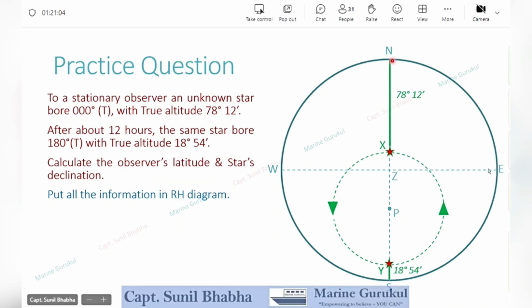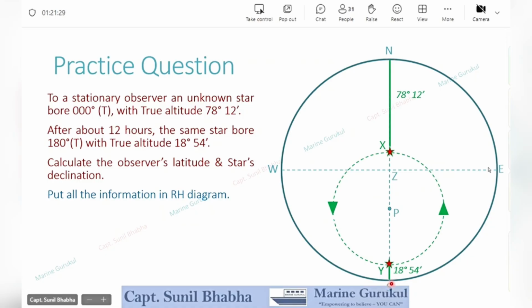To see, the distance N to X is 78 degrees 12 minutes and the distance S to Y is 18 degrees 54 minutes. Now we know that from S to Z is 90 degrees and from Z to N is also 90 degrees. So the total distance from N to S is 180.